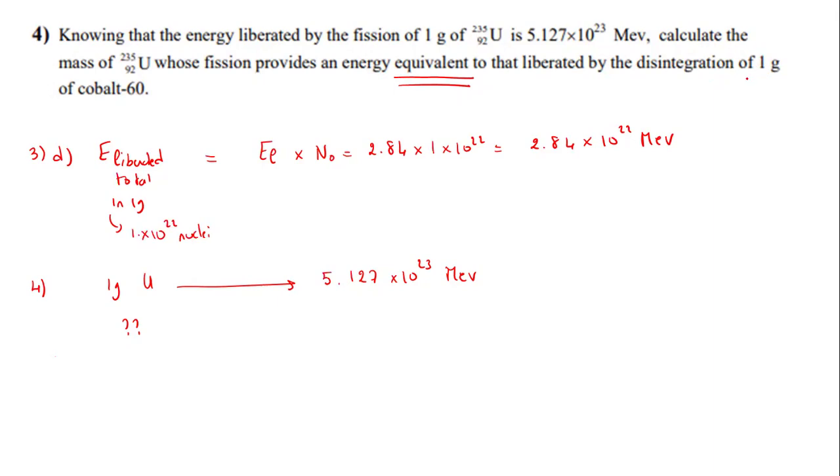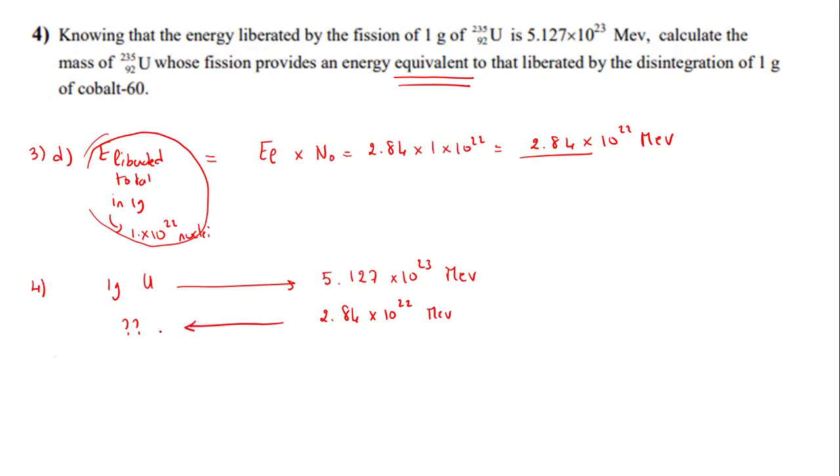How much energy does 1 gram of cobalt give? Let's calculate: it's 2.84 times 10 to the power 22 mega electron volt.